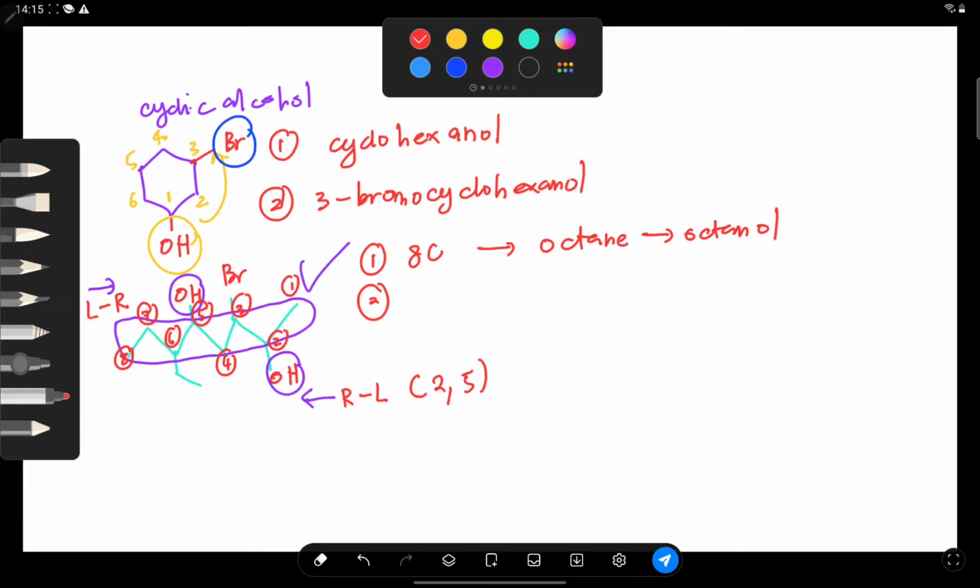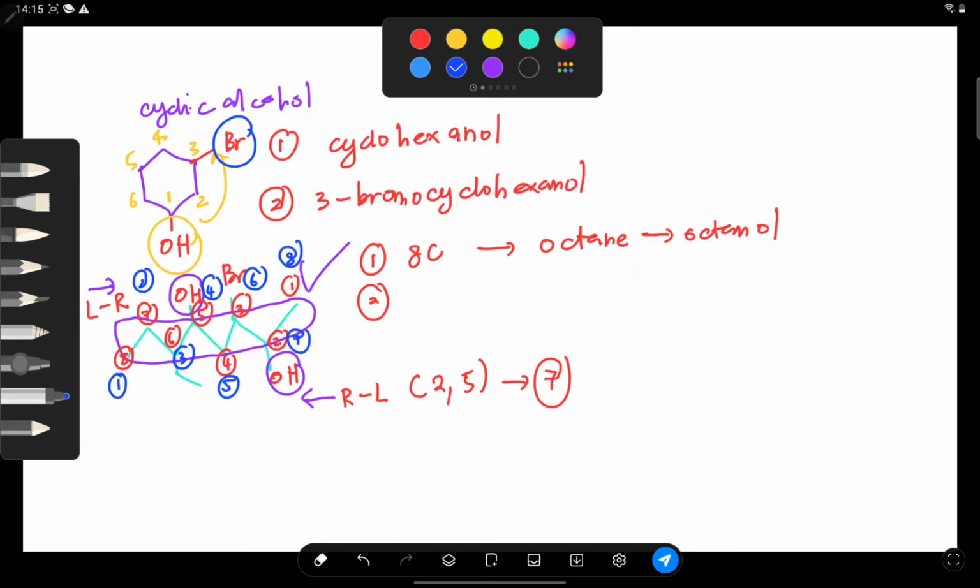How about from left to right? From right to left, you get locations 2 and 5. So the set number is 2 plus 5, you get 7. And if you count from left to right, I will use another color so that you can differentiate. You count from here 1, 2, 3, 4, 5, 6, 7, and 8.